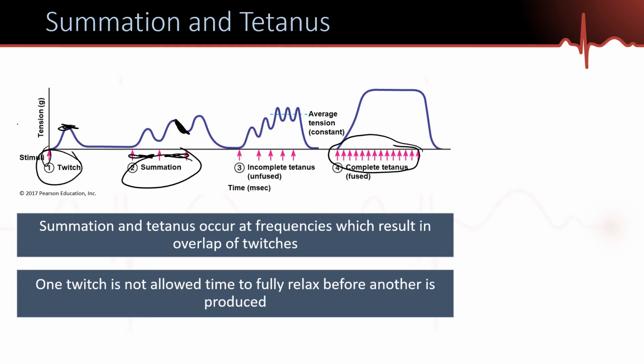It has to generate such a high frequency of action potentials that the time intervals between the action potentials are so short that relaxation by no means has any chance of setting in. Basically, what I'm saying is the intervals between the action potentials are so short that the rate that calcium is being reuptaken by the SR becomes meaningless.